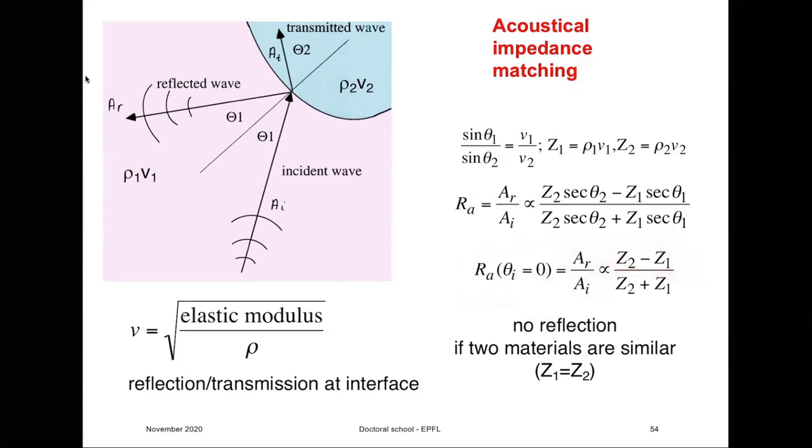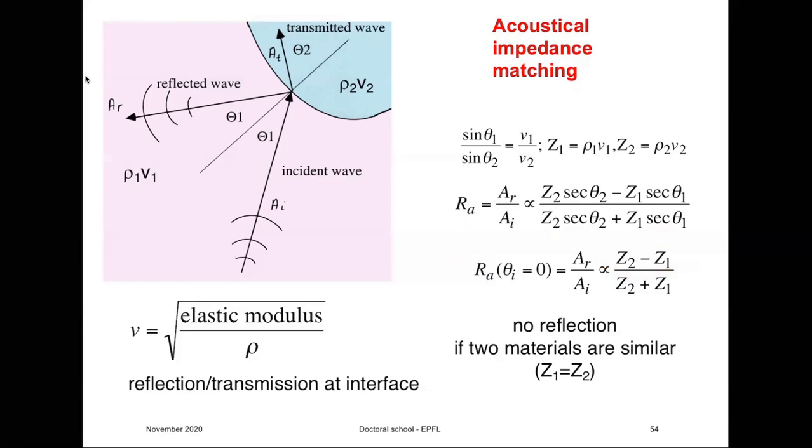So if two acoustic impedances are the same, so two materials have similar acoustic velocity and similar density, you will transmit most of the acoustic energy to the second medium, so there will be very little reflection. If they are very different, then you will have a lot of reflection, and that is not good.